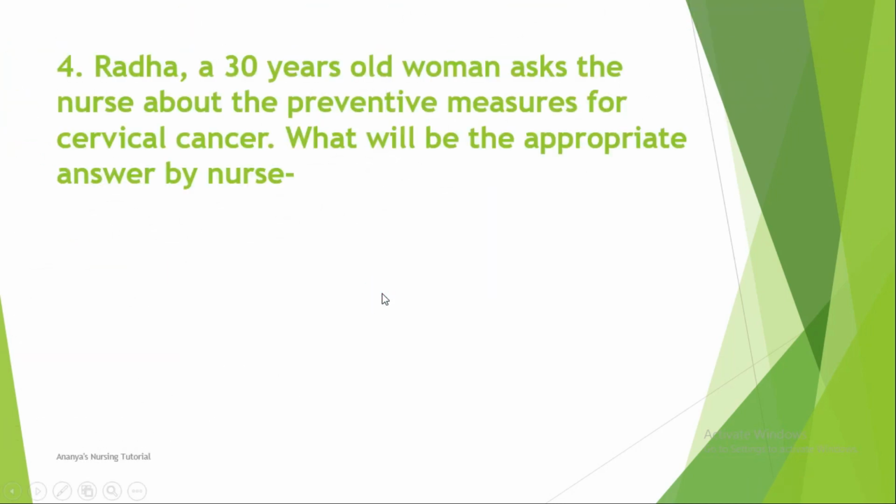Next, Radha, a 30 years old woman, asked the nurse about the preventive measures for cervical cancer. What will be the appropriate answer by the nurse? So Radha is a 30 years old, means a middle-aged woman, and she asks how she could prevent cervical cancer.